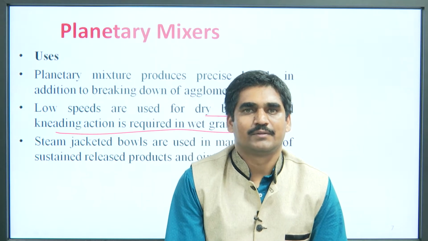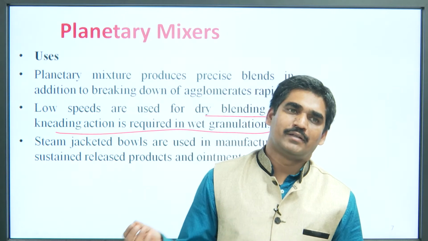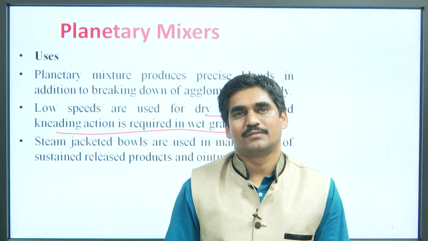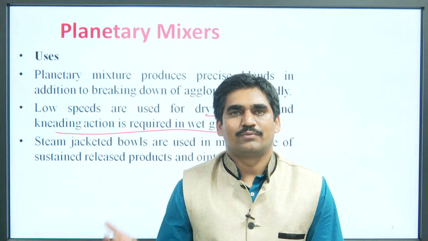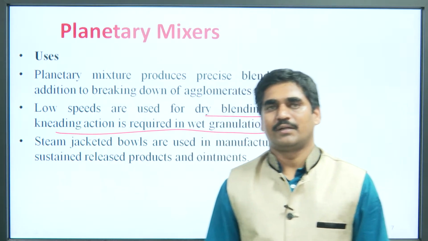So, due to these different purposes, for dry blending a low speed blender mixer is required, and in case of wet granulation kneading action is required for mixing of the particles.